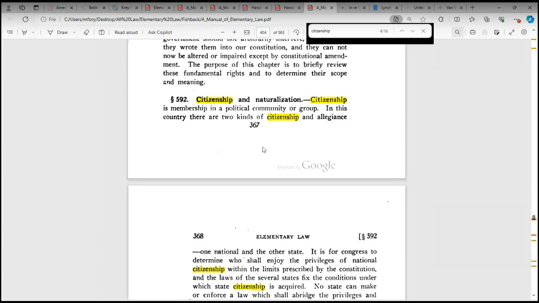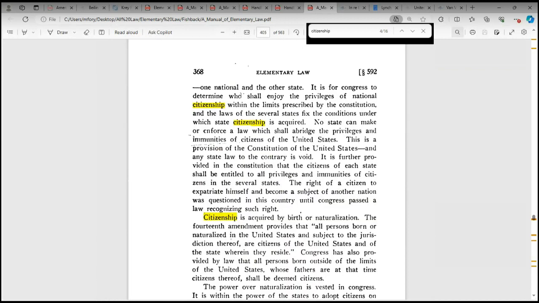Section 592, Citizenship and Naturalization. Citizenship is membership in a political community or group. In this country, there are two kinds of citizenship and allegiance, one national and the other state. It is for Congress to determine who shall enjoy the privileges of national citizenship within the limits prescribed by the Constitution, and the laws of the several states fix the conditions under which state citizenship is acquired.